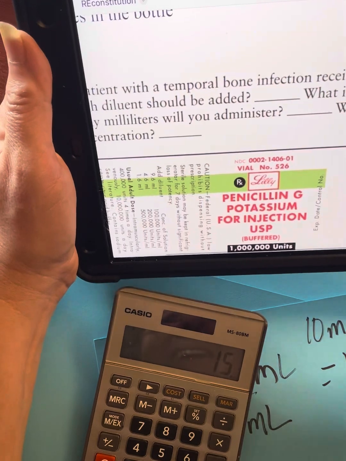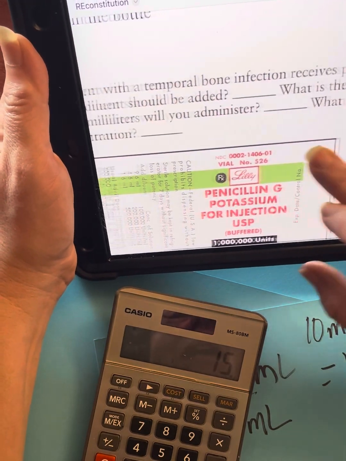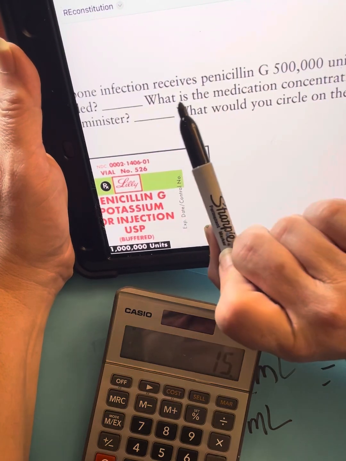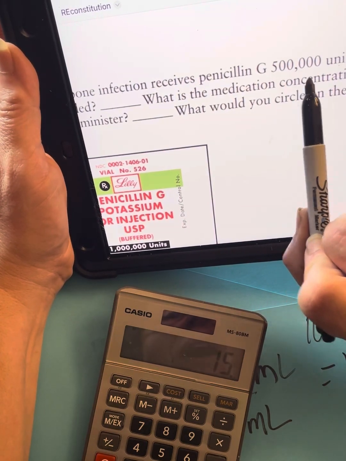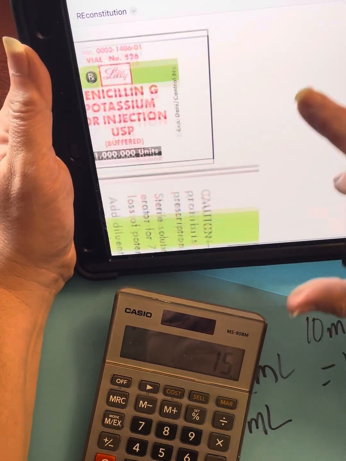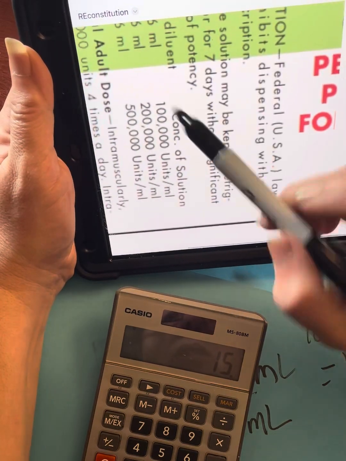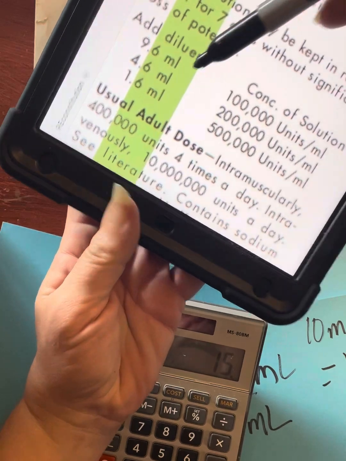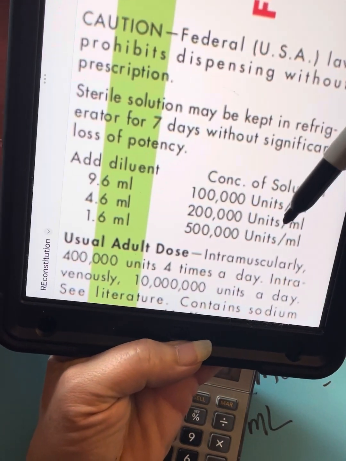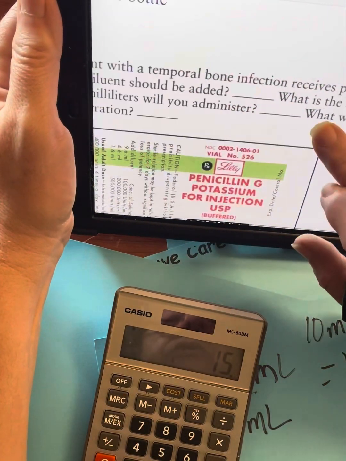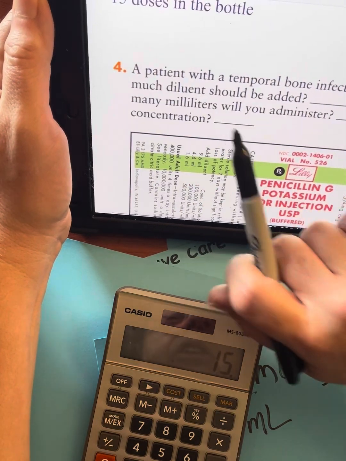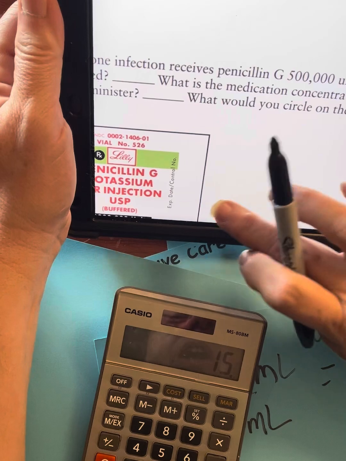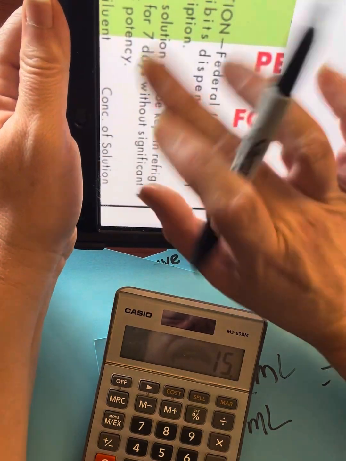How much diluent? Okay, so Homer wants Mr. Man to receive 500,000 units. So, good. That's going to be 1.6 milliliters of diluent. That would be the answer for the first one. How much diluent should be added? 1.6. What is the medication concentration once we do that?